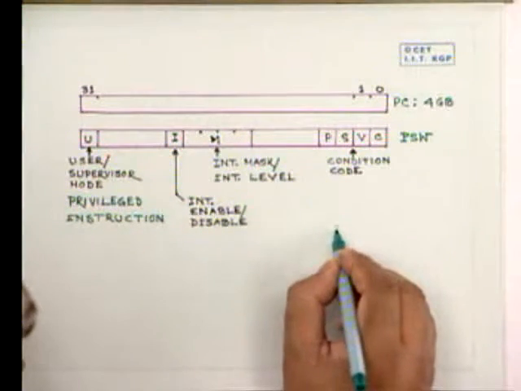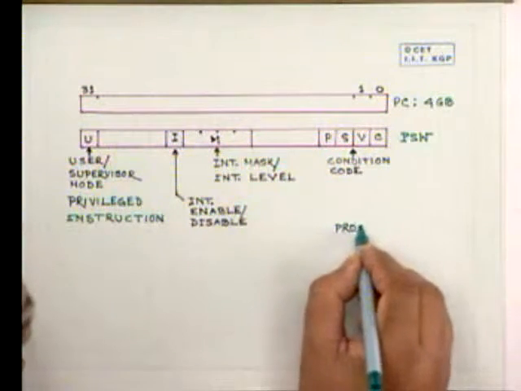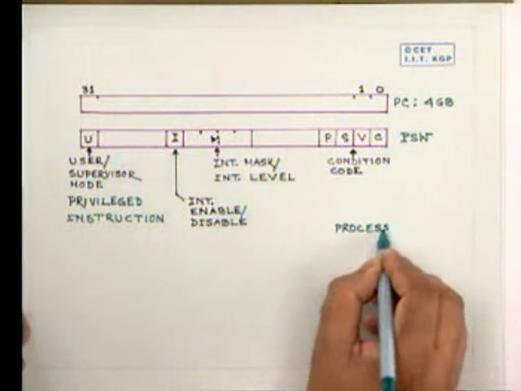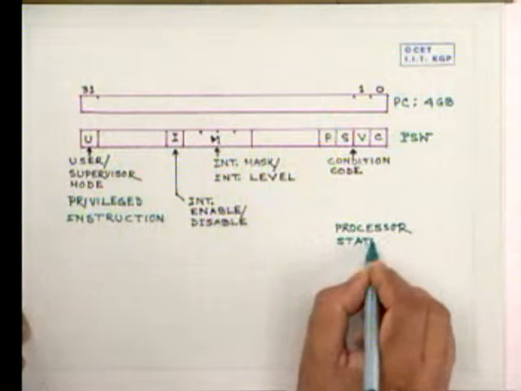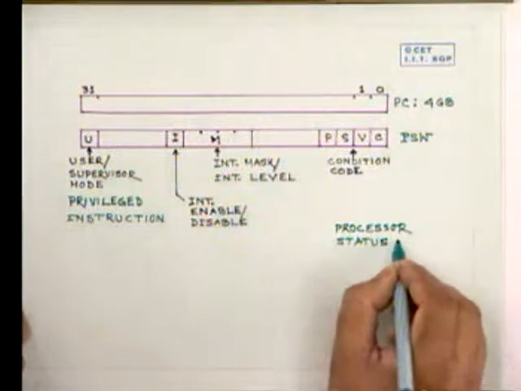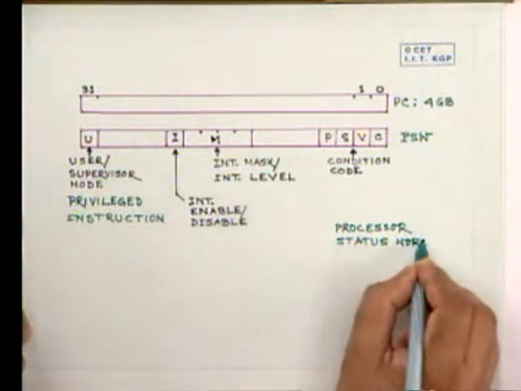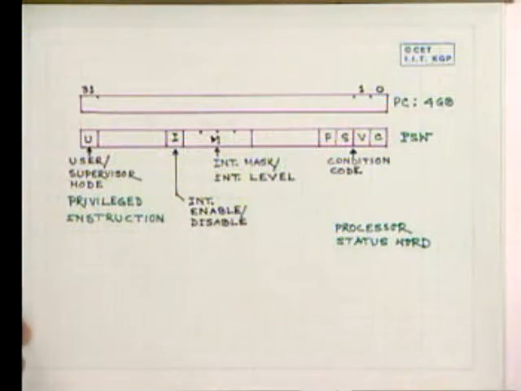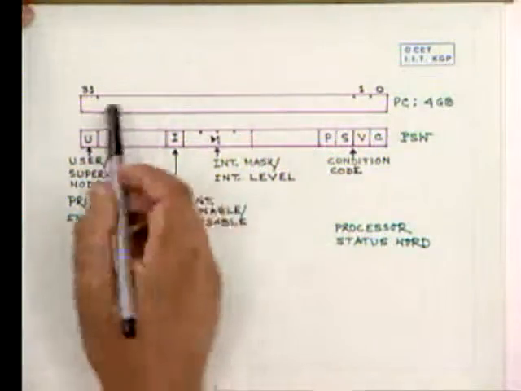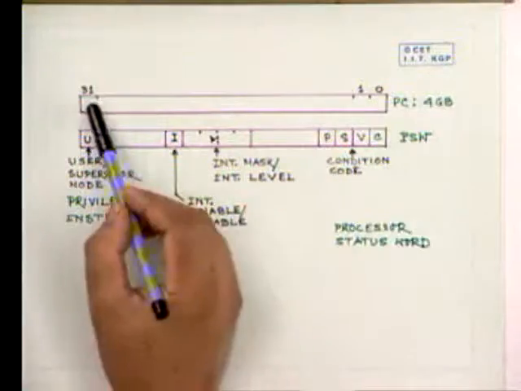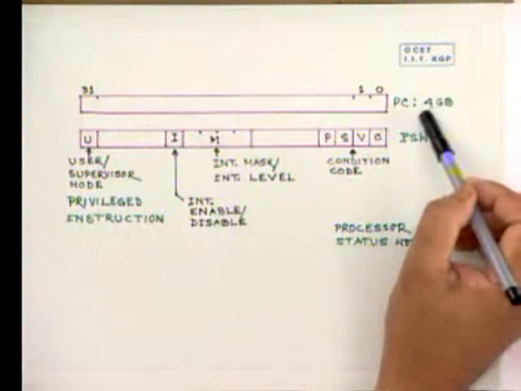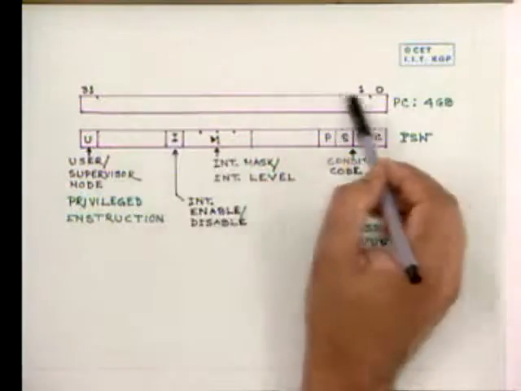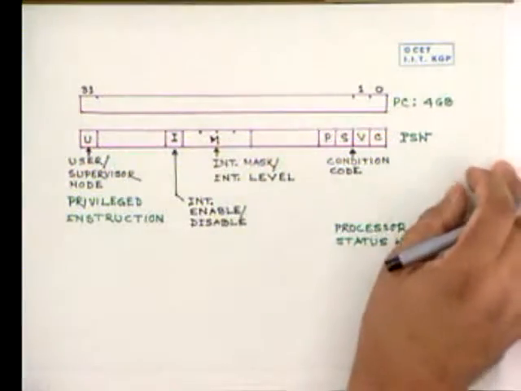PSW is essentially the processor status word. Here I have assumed that we have a 32-bit program counter. I think it turns out to be 4 GB of addressable main memory.